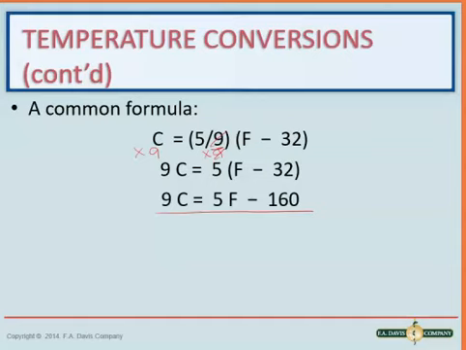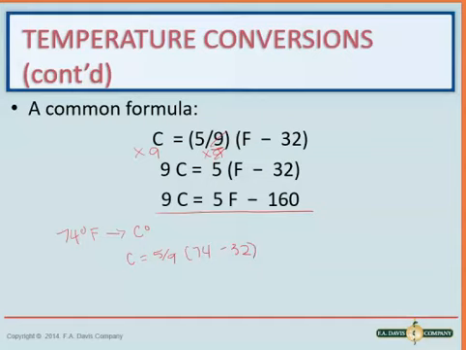So let's look at an example. Let's convert 74 degrees Fahrenheit to Celsius. So let's plug it in our formula. C equals 5/9 times 74. 74 is going to go in where the F is, minus 32.